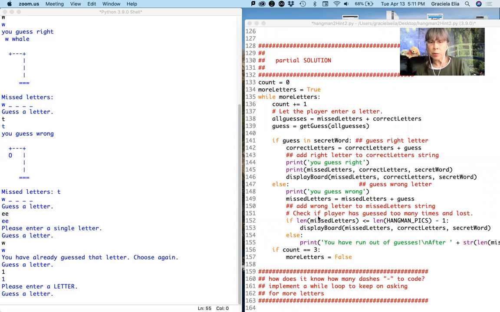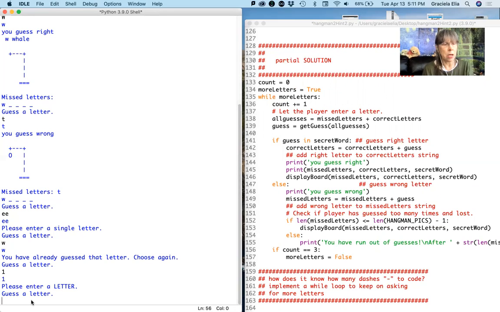So how does this work over here? Let's take a look. There is something that we need to look at. Here. All right, so I want to see how missed letters, correct letters, and print sequence over here is. Let's take a look. Let's do it one more time. Maybe it should show us over here.